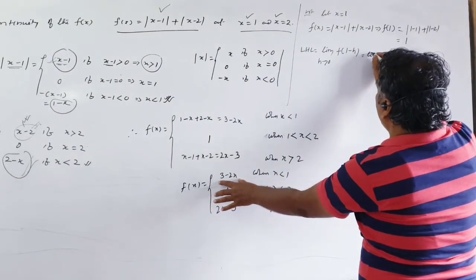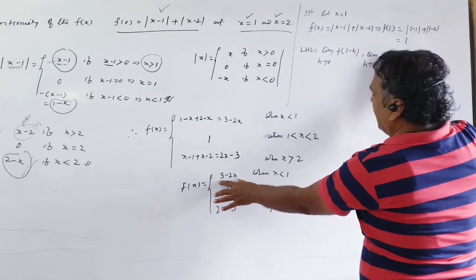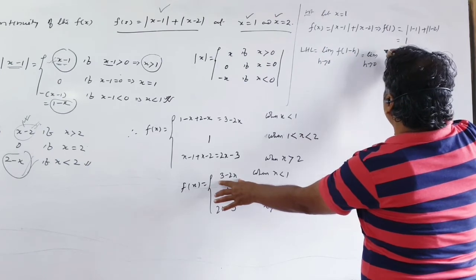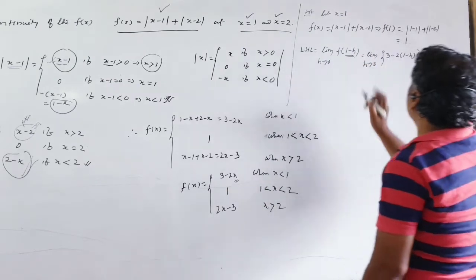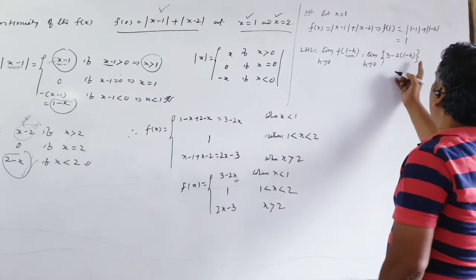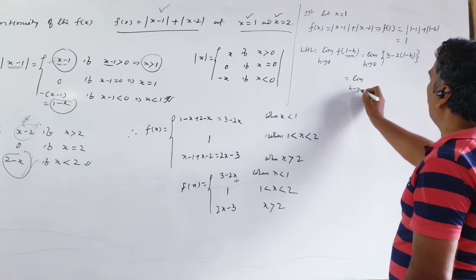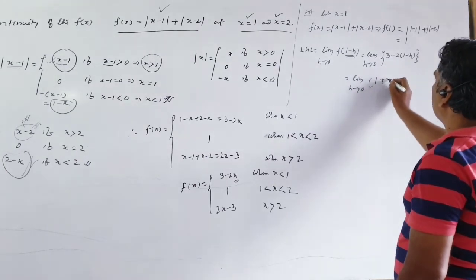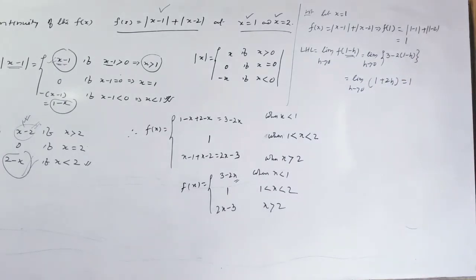Limit x tends to 0, 3 minus 2 into 1 minus x. Instead of x, write 1 minus x. So here 3, or you can write limit x tends to 0, 3 minus 2 plus 2x equal to 1.